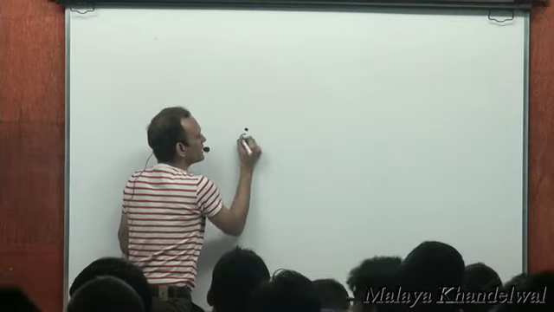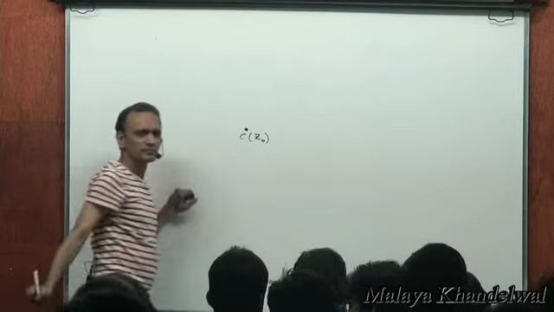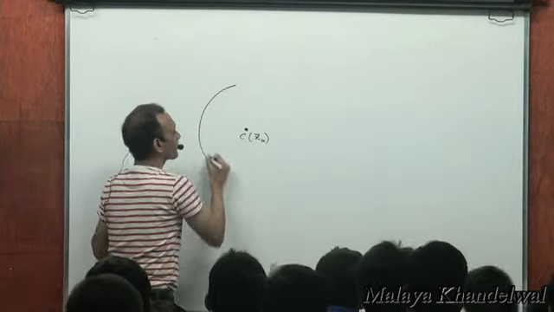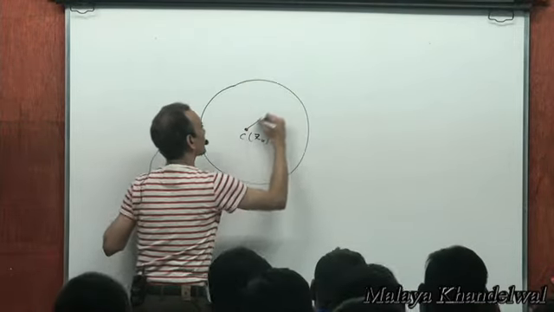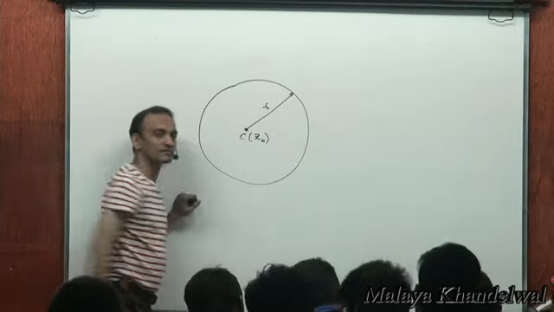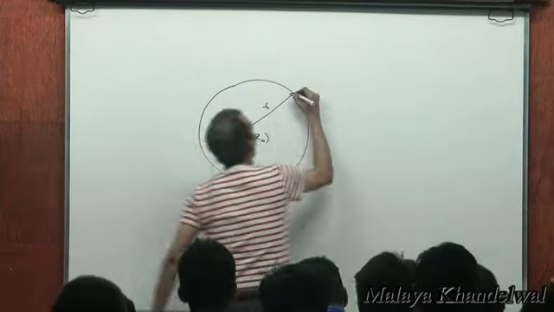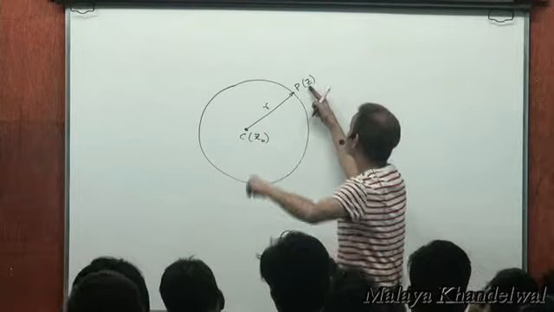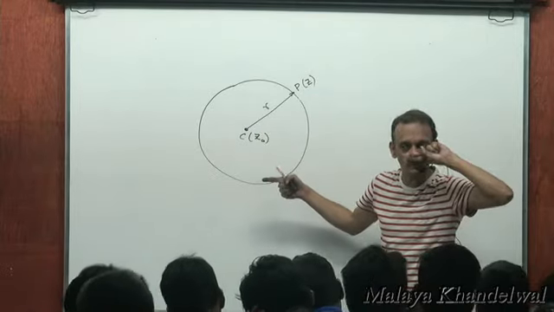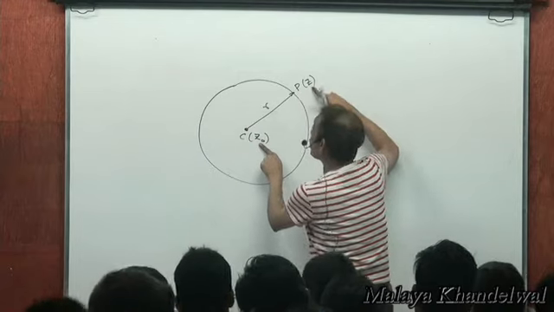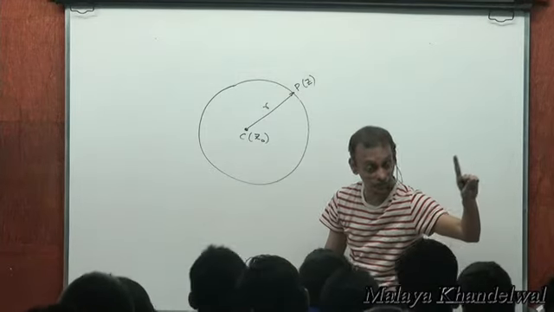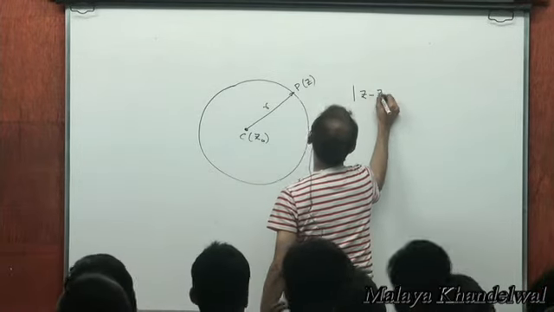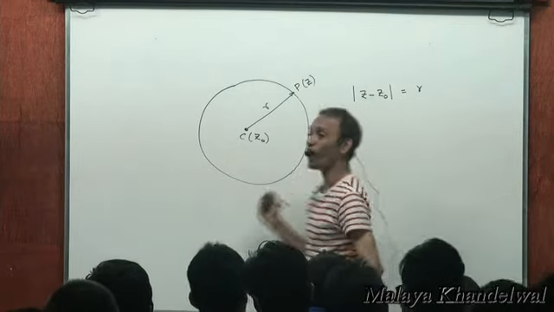Let's say it has a center C whose position vector is z0, has a radius r, and if P be any moving point on this circle, Z is the position vector of any moving point on this circle, then distance between Z and Z0 for any Z on the circle will be r. The radius of the circle r is a real number, right? But what's the distance between P and C? Mod of Z minus Z0. That must necessarily be equal to r.